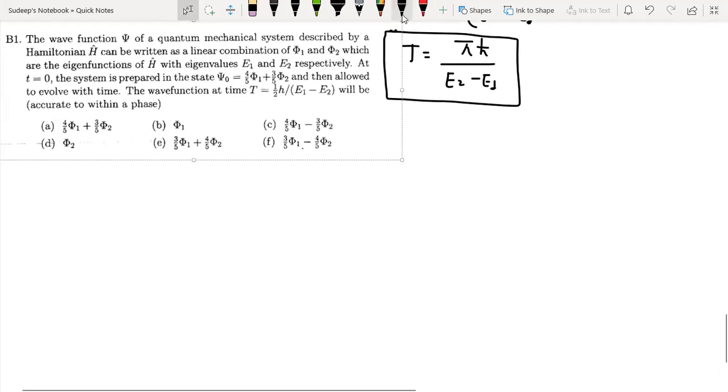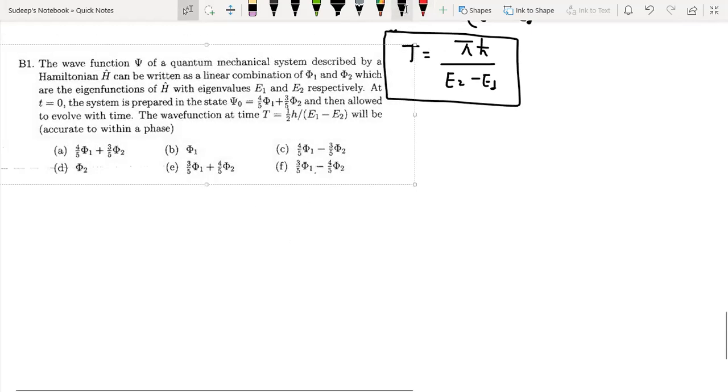It says that the wave function of a quantum mechanical system is described by a Hamiltonian, which is written as a linear combination of phi 1 and phi 2, which are the eigenfunctions of H with eigenvalues E1 and E2.